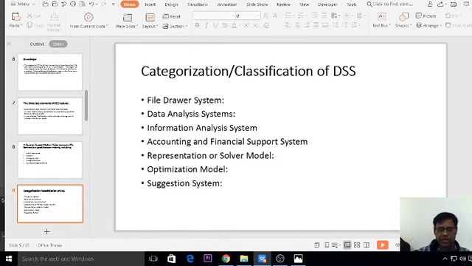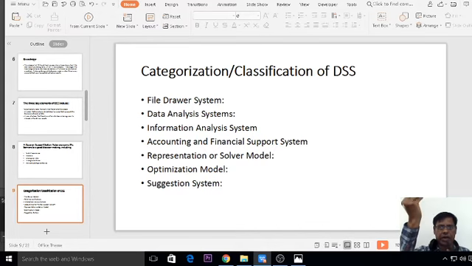Representation or solver model: we are going to take a model, a context or a complete model, and how it is going to solve the problem, that is representation. This model is going to be used so that we are simplifying the situation. Optimizational model: there are so many alternative models.